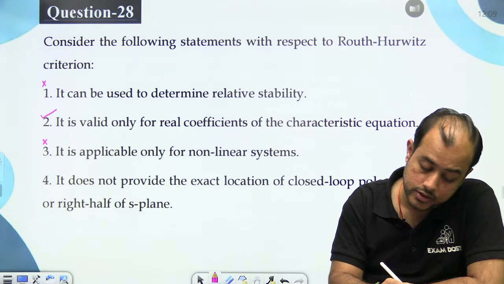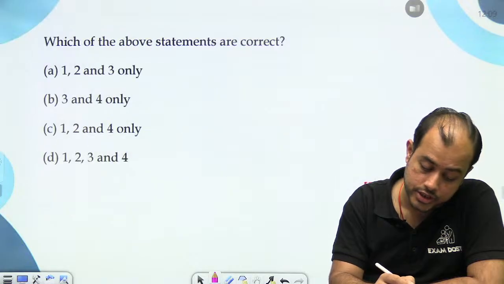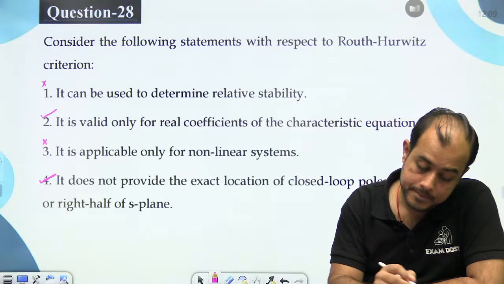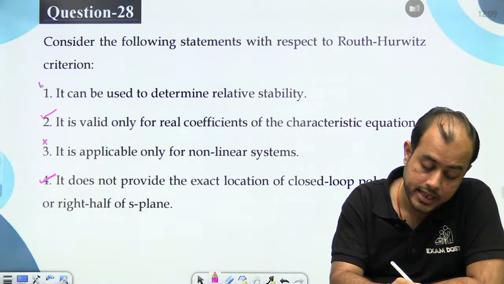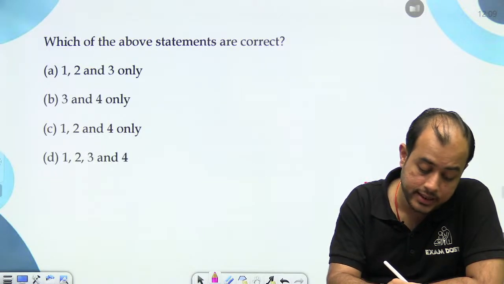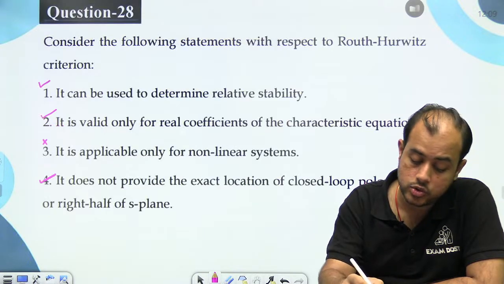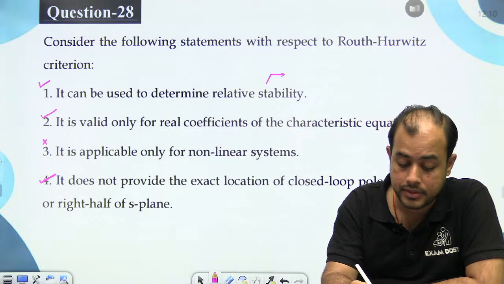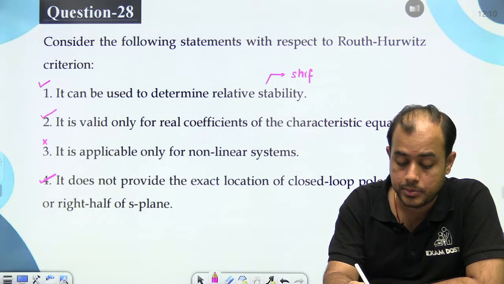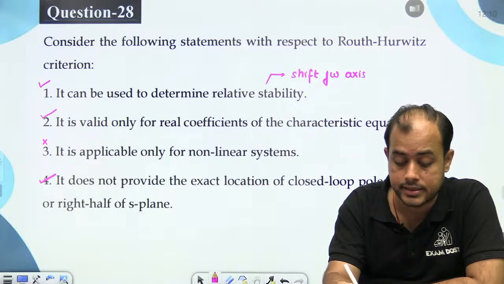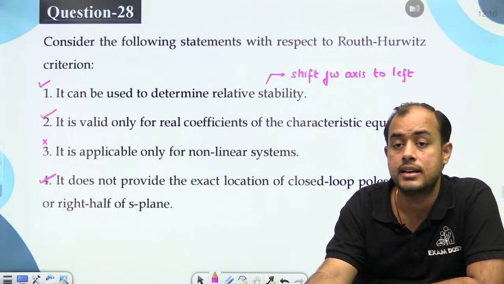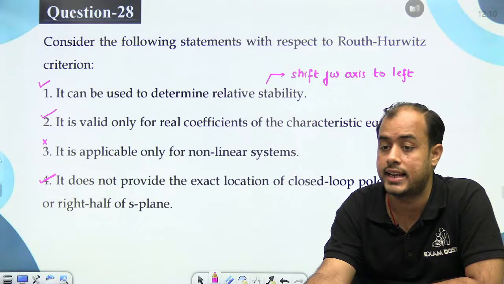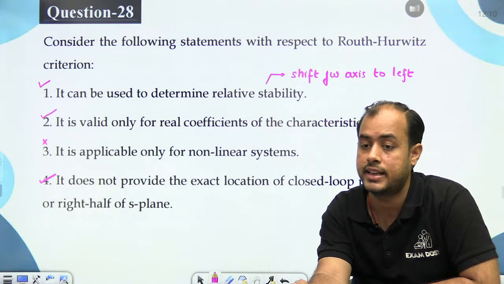No. It does not provide the exact location. फिर इसका 1 to 4 दिया होगा. राउथ क्राइटेरिया पता है एब्सोल्यूट स्टेबिलिटी बताता है. रिलेटिव स्टेबिलिटी के लिए जुगाड़ करना पड़ता है, shift the j omega axis, that is the imaginary axis, to left. It directly does not tell you the relative stability. It only tells you the absolute stability.